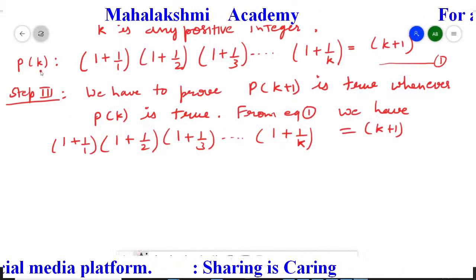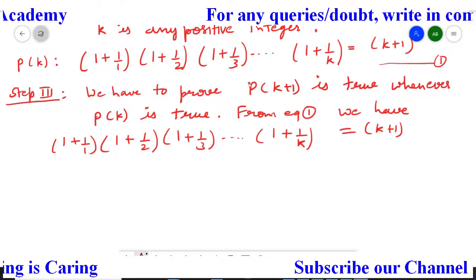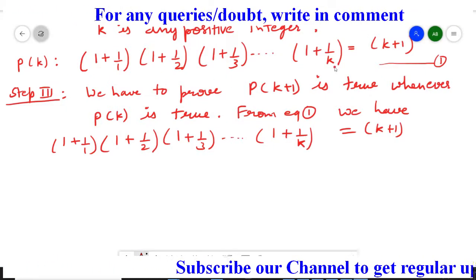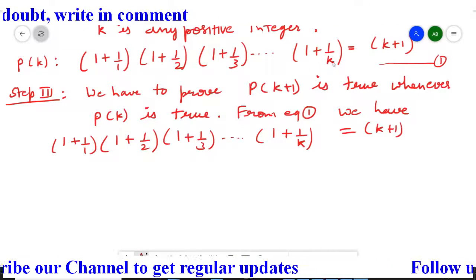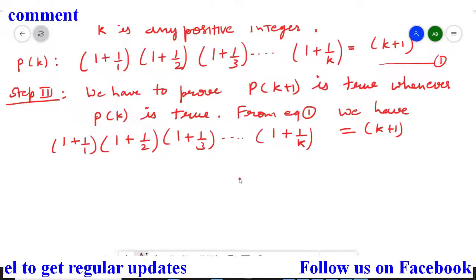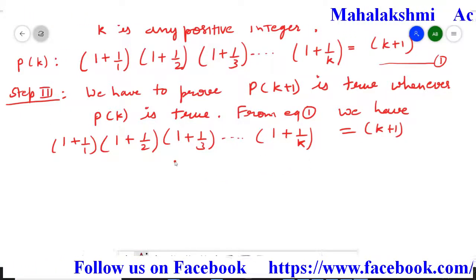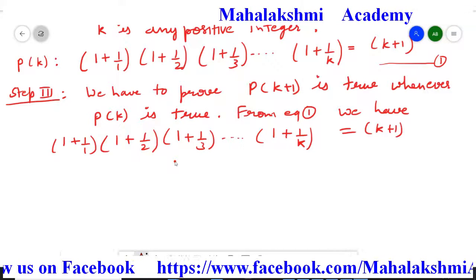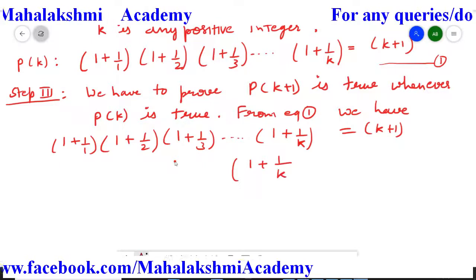Now we should note here that if the statement is Pk, then the left hand side is ending with k here. So if we have here k plus 1, then it should end by k plus 1. So what extra term do we need to multiply to convert it to the Pk plus 1 statement? The extra term which we need is 1 plus 1 upon k plus 1.